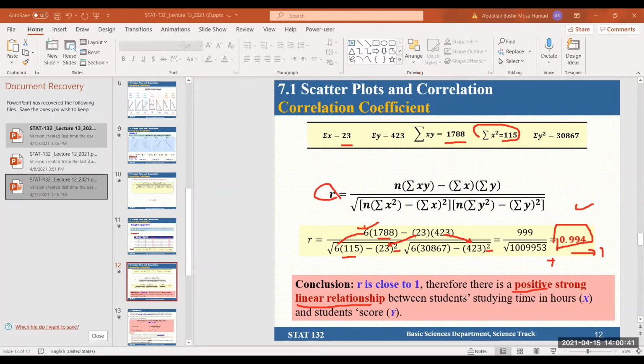So it is a positive, strong linear relation between student studying time in hours and student score. This means the more time a student studies, the better grade the student will get. Clear?